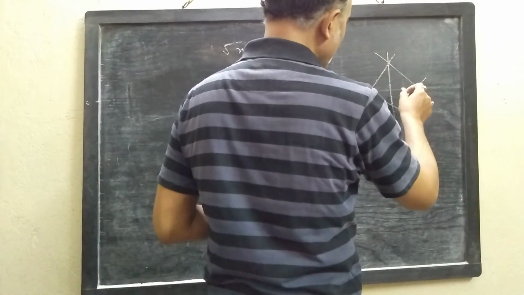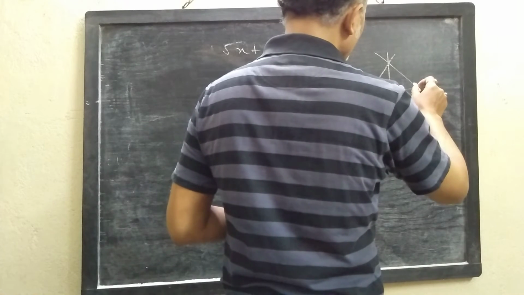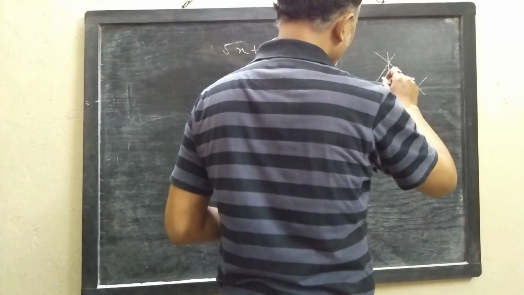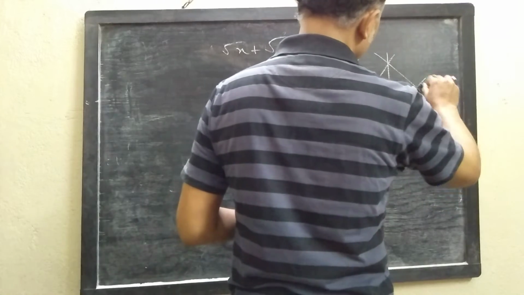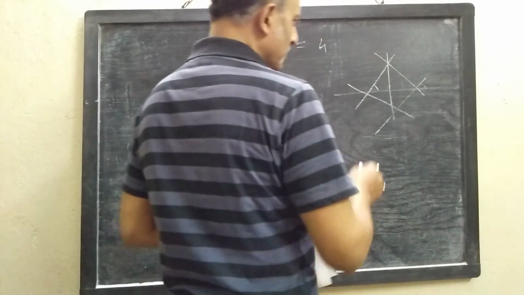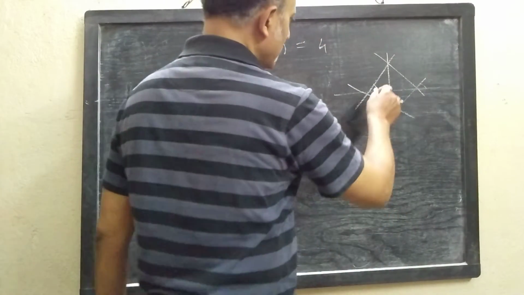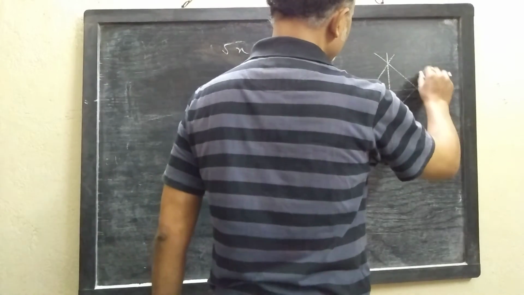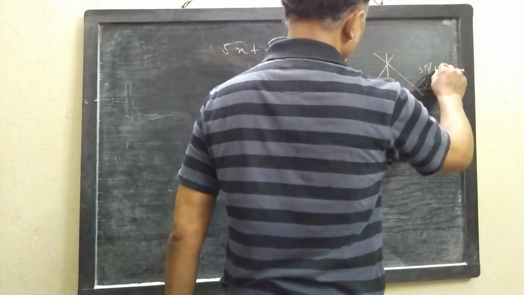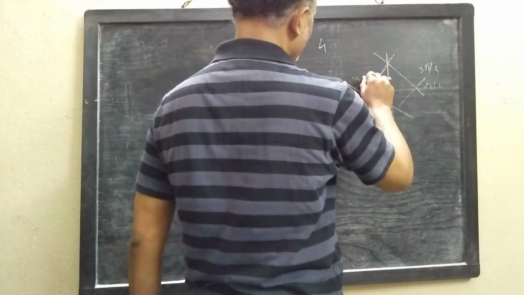In each case, when equally inclined, then the angle is either pi by 4, in this case pi by 4, and in this case 3 pi by 4.